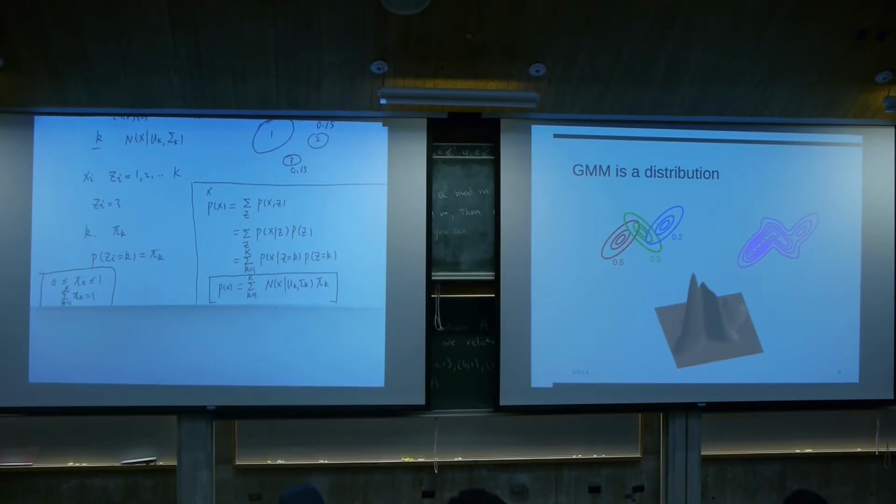So any questions here? Examples of Gaussian mixture models? Applications? They can be used for clustering, right?